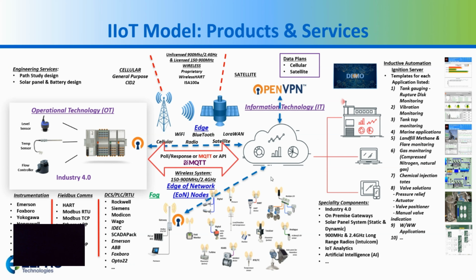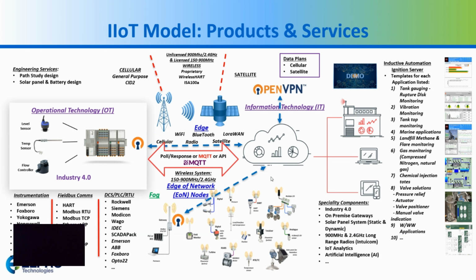It is industrial Internet of Things, to where on the OT side, the operational technology, that's where you're pulling in all the information via communications to a PLC or directly connected to a sensor, communicating that up to the cloud, as everybody calls it, which is the IT area of the model called information technology.